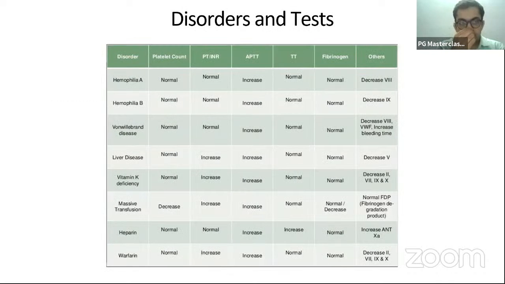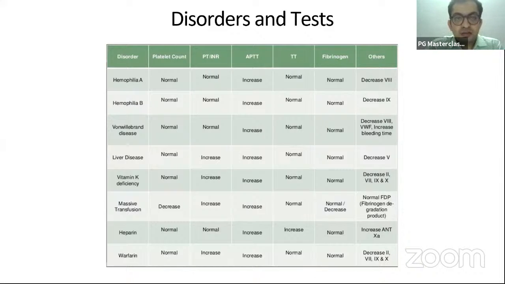This table very well describes how the various disorders of coagulation would present. As in, the hemophilias would present with a rise in APTT, as factor 8 is basically a member of the intrinsic pathway.